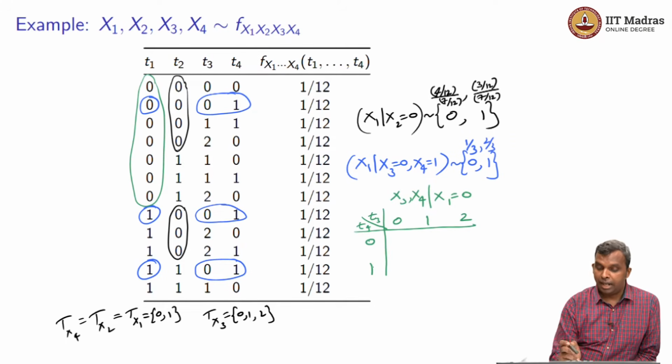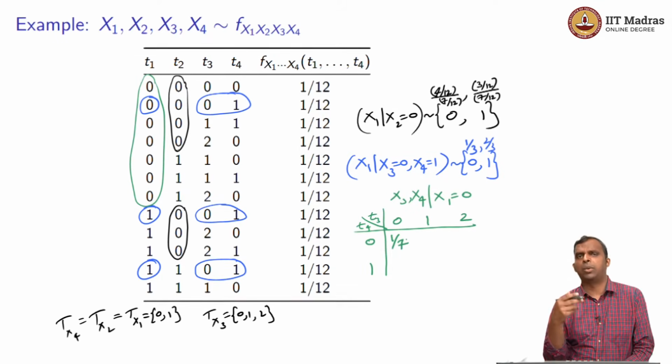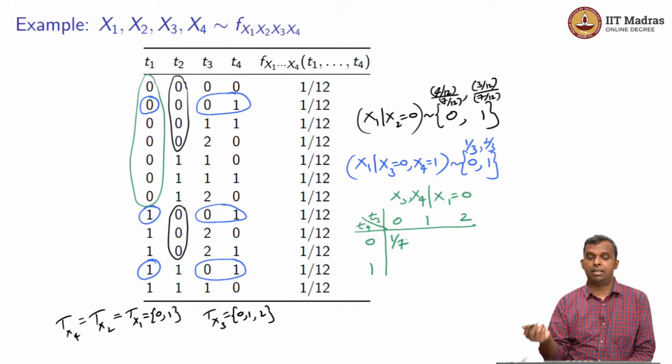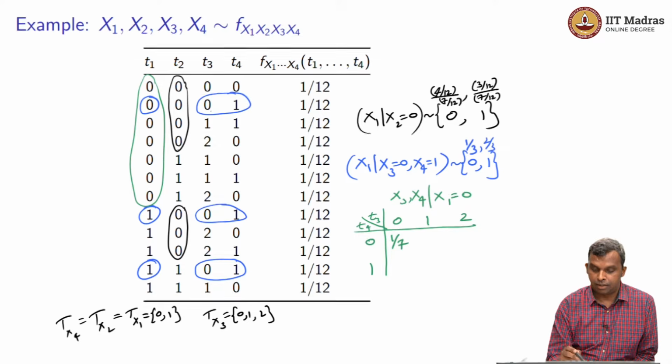Okay. And if I look at 0, 0, that is 1 out of the 7 cases here, right? So you can do it more carefully. You can do 7 by 12 in the denominator, 1 by 12 in the numerator. We'll get the same answer. Okay. x3 is 0, x4 is 1. That is again 1 by 7, right? x3 is 1 and x4 is 0.